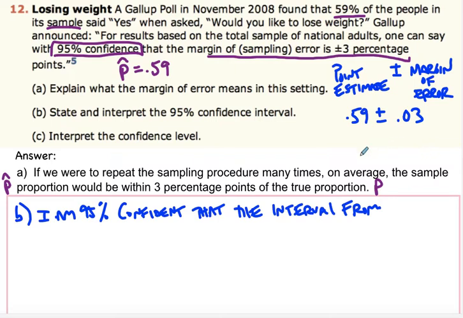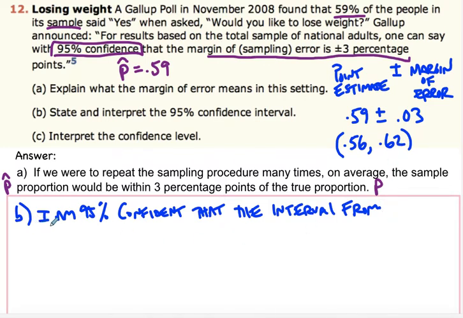If you subtract 0.03 from 0.59, you get 0.56. That would be the lower bound. And if you add 0.03 to 0.59, you get 0.62. That would be the upper bound. So that's our interval. We're going to be 95% confident that the true population proportion is somewhere between 56 and 62%.